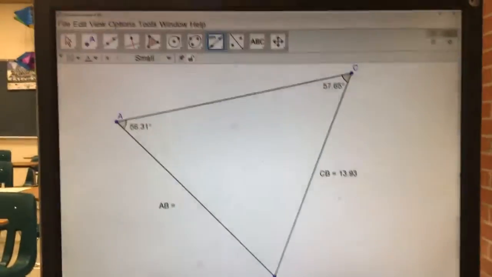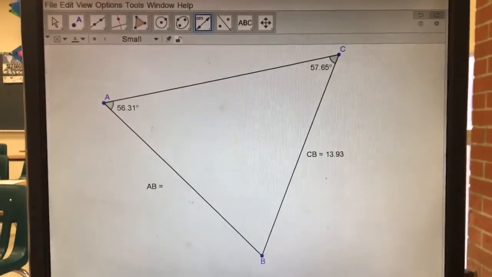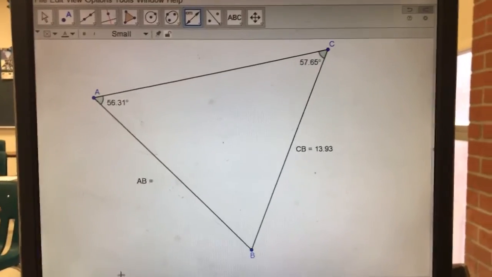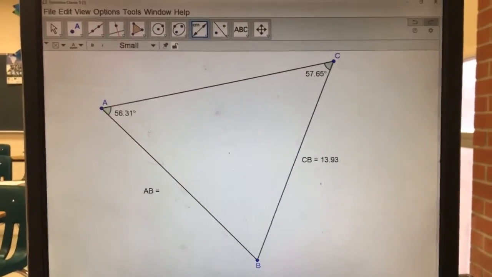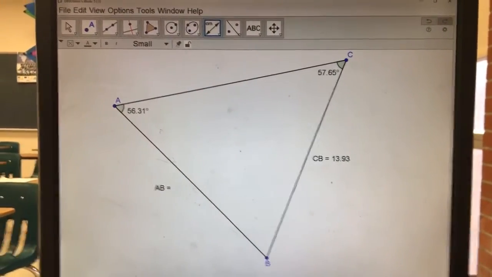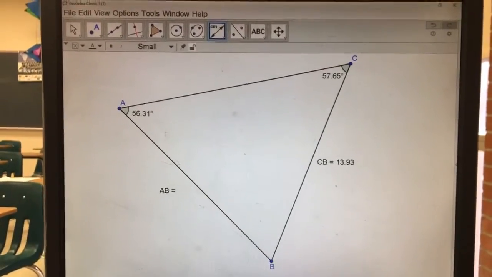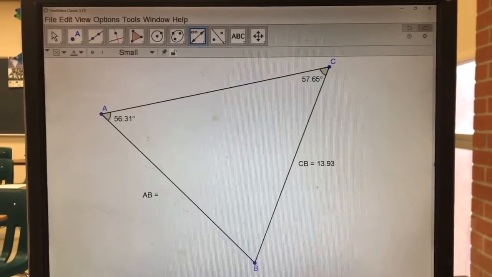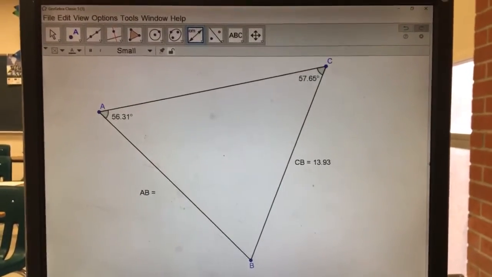So here we go. There's my triangle. Now notice what we're given. We're given the measure of two angles, and you have the measure of all three angles. You also have the length of one side, in your case, it's a 10.